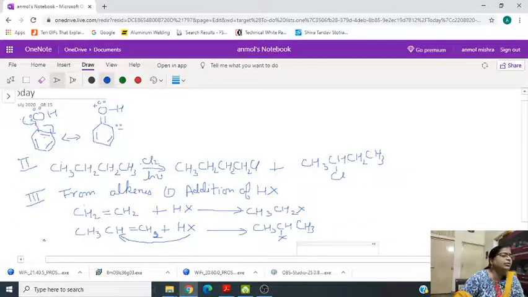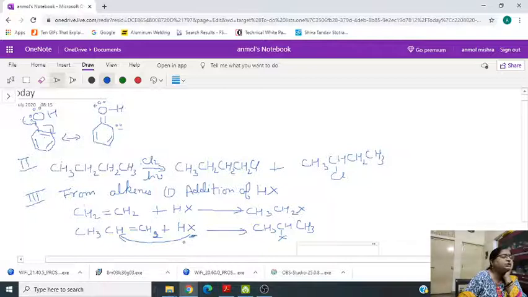So once again I am repeating, the negative part of the reagent goes to that carbon atom which has less number of hydrogen atoms. Now again here two bifurcations are there. If it is Cl in place of X, then no problem, this rule will be there.